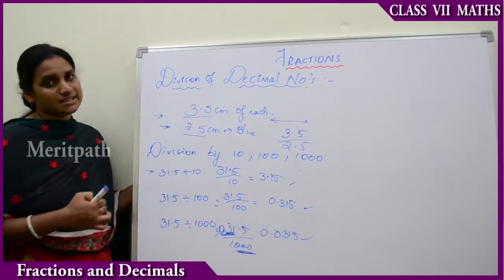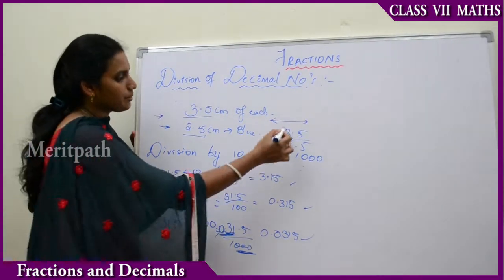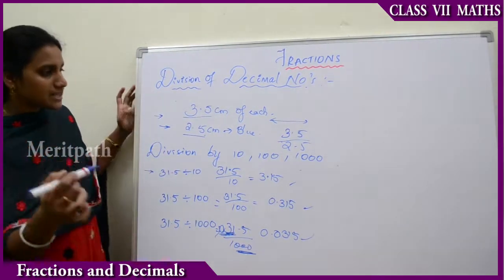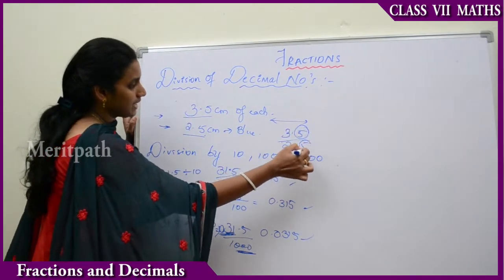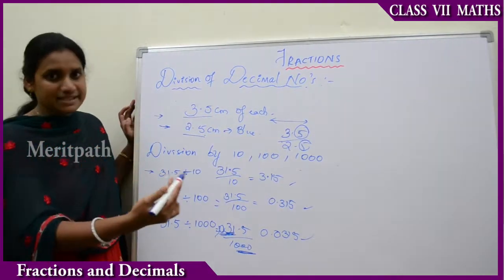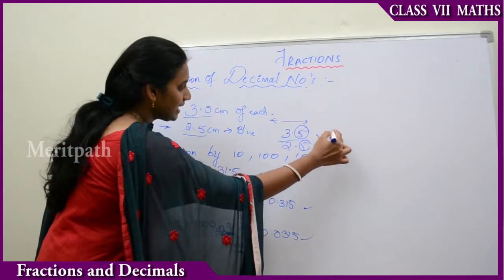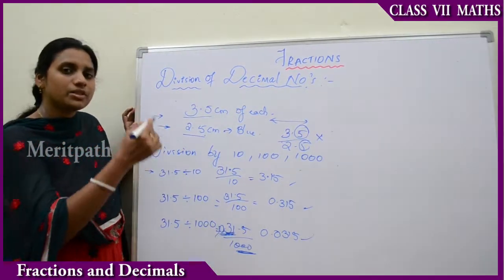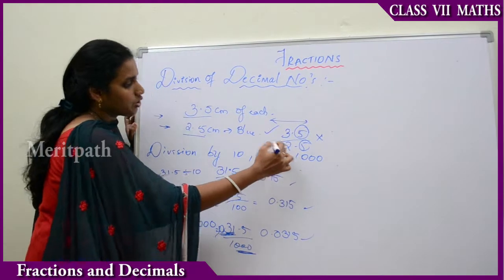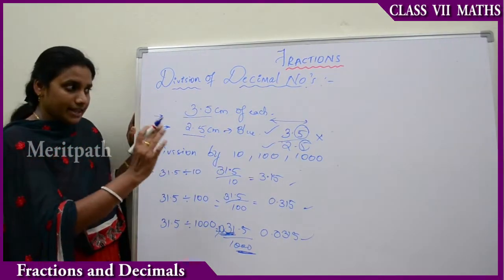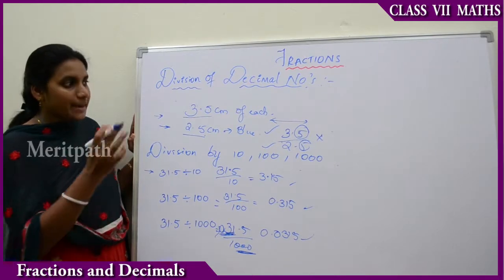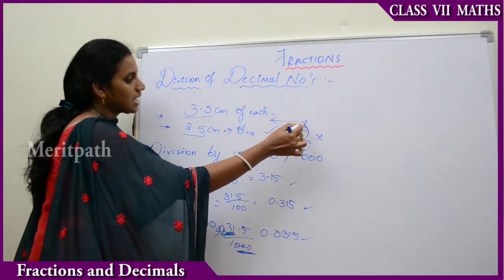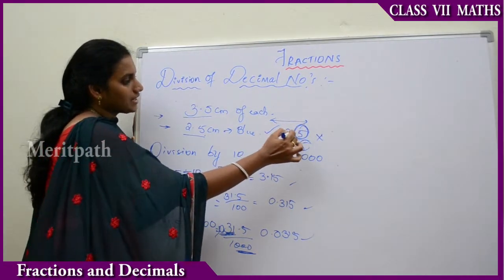Now let us see this question, how to divide 3.5 by 2.5. See, observe here, after the point there is only 1 unit, that is only one place. So we will be multiplying both the numerator and denominator with the number 10, 100 or 1000, based upon the units present after the decimal point.